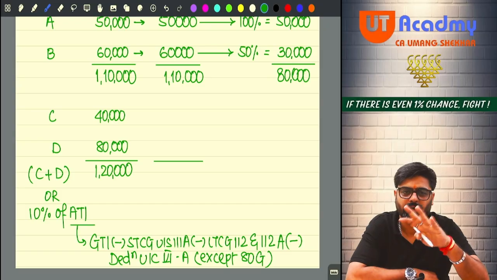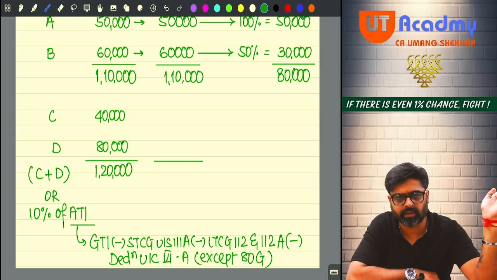So except ATG, reduce all the deductions, ATC to ATU, all the deductions you reduce.